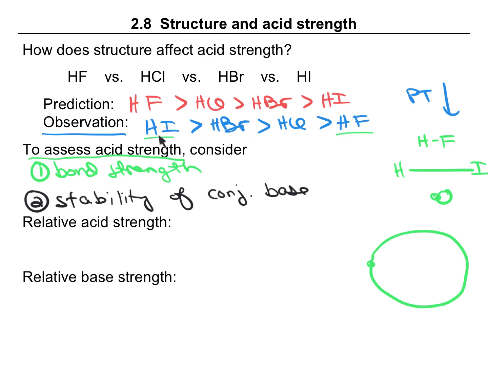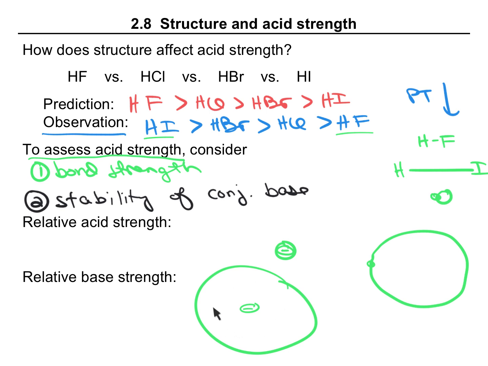So once again, let's think about our extremes, and maybe this is our fluorine, and this is the conjugate base, the fluoride ion, and it has the negative charge pretty concentrated in a small space. In contrast, when we have iodine, here's our iodine ion.